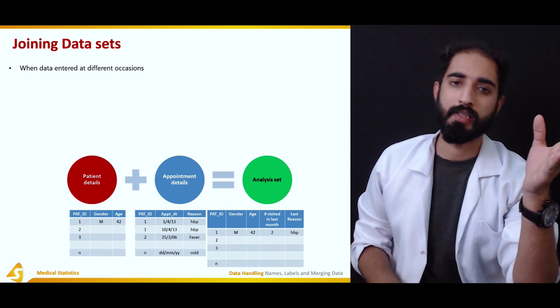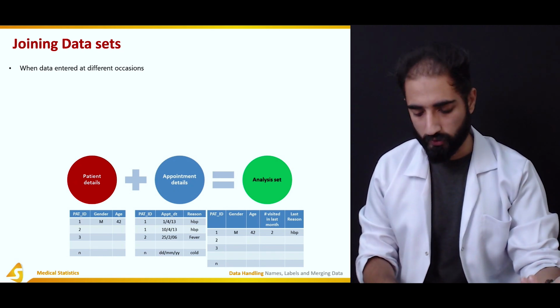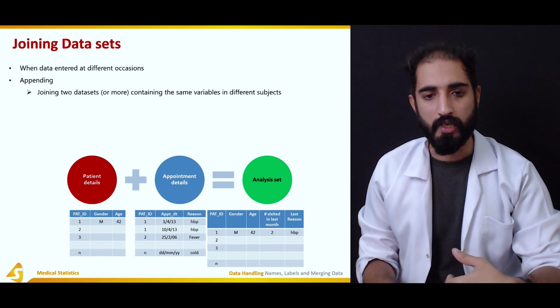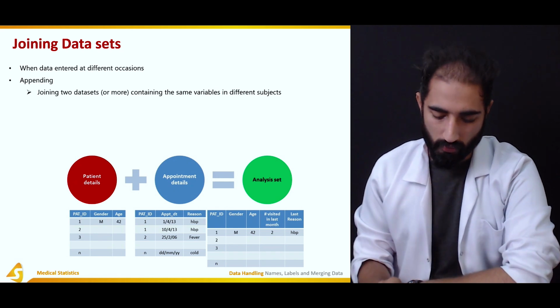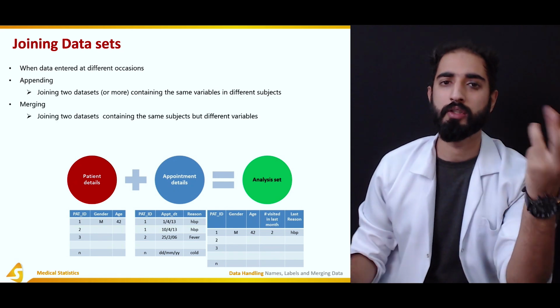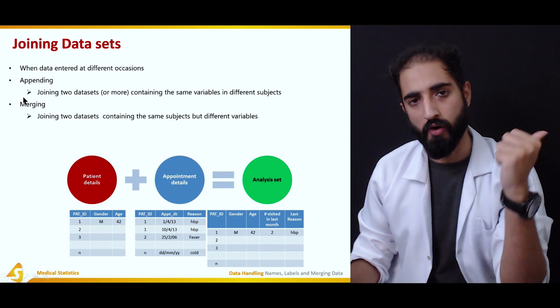So joining data sets is necessary when data is entered on different occasions, or by different researchers, and we need to compile it. The compiling can be in 2 forms, either appending or merging.